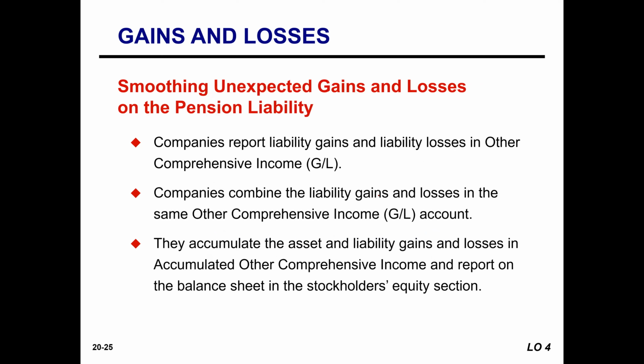Smoothing unexpected gains and losses on the pension liabilities: again, companies report liability gains or losses in other comprehensive income. Companies combine the liability gains and losses in the same other comprehensive income account. They accumulate the asset and liability gains and losses in accumulated other comprehensive income and report it on the balance sheet in the stockholders' equity section.